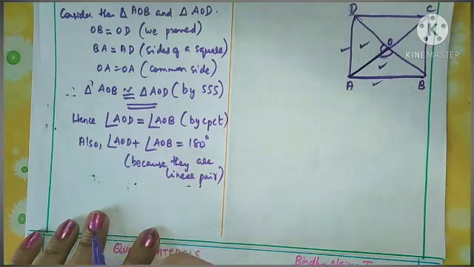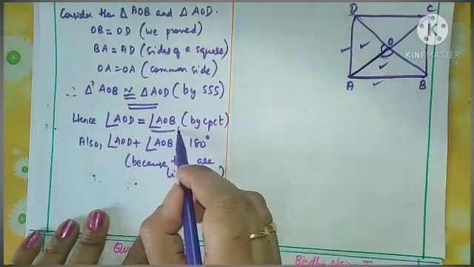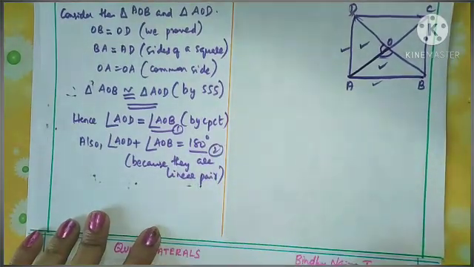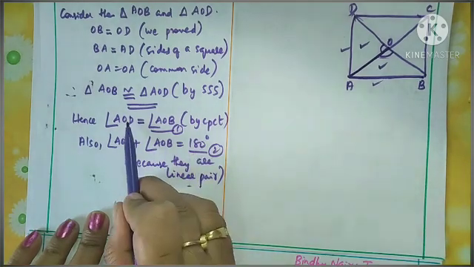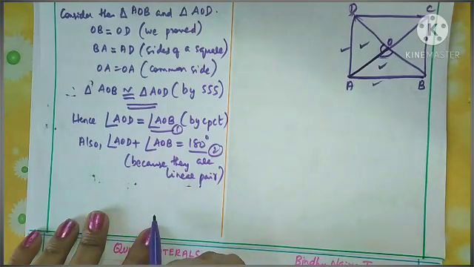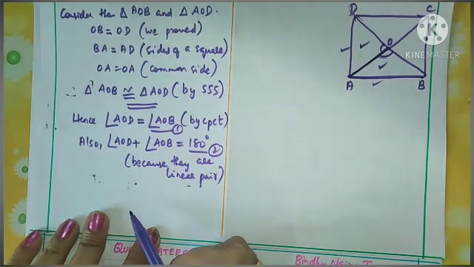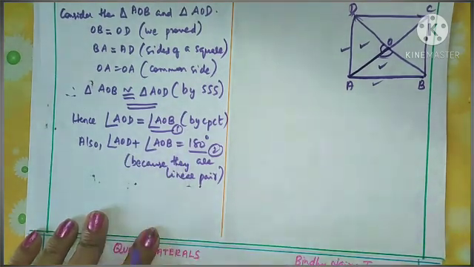So what can you say from this? From these two results, if I take this 1 and this 2, what can you say? These two angles' sum is 180 degrees. Here they are equal also. So what is the only possibility when two angles are equal and they form 180 degrees? Yes, each angle must be 90 degrees.